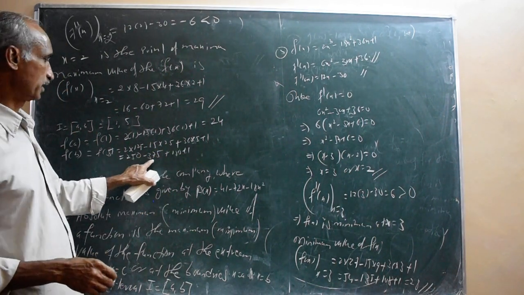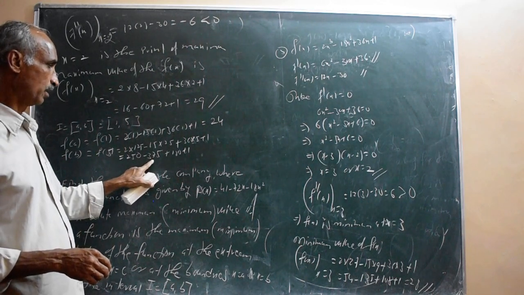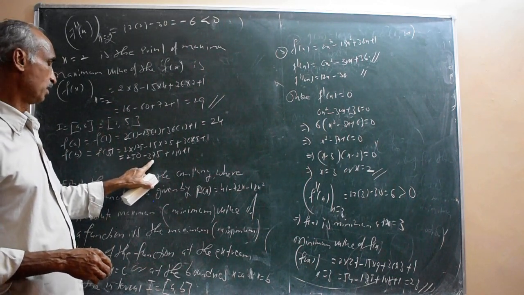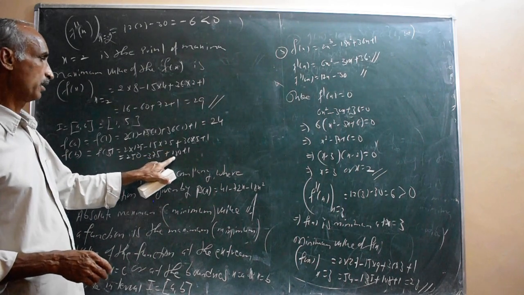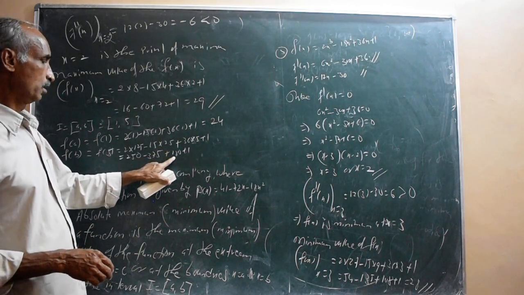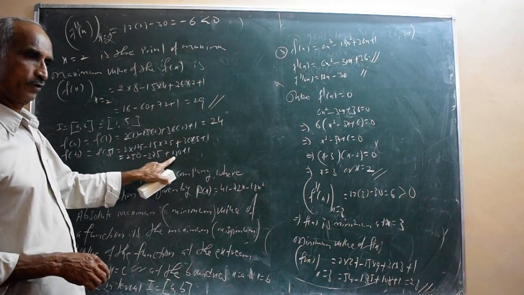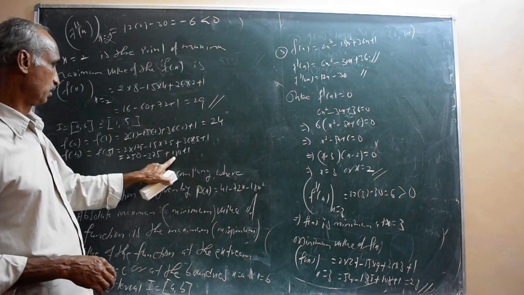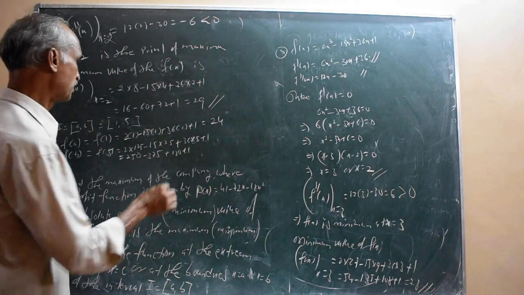Here 250 minus 375, minus 125. Minus 125 plus 180, that's equal to 55. Plus 55, plus 1, 56.